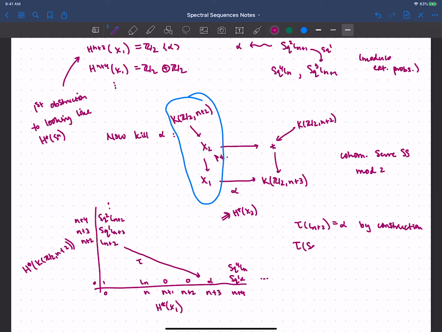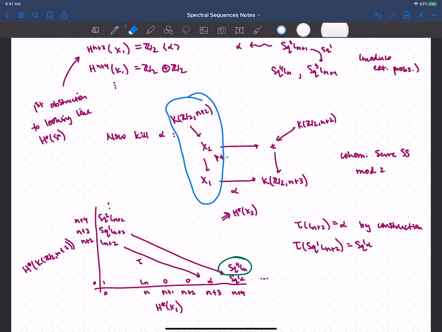Now tau commutes with the square, so I can look at Sq^1 on this, and I should get Sq^1 on alpha. Okay, and so this thing will come and hit here. And it turns out there's nothing else there in degree n+3, and so nothing hits this Sq^4 iota n, so that's going to live. And so at the next stage, that's something that we would want to kill off.